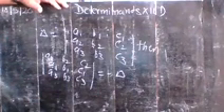If two parallel lines, sorry, not parallel lines, row and column. Yes, if two rows or columns of a determinant are identical, then the value of determinant is 0.